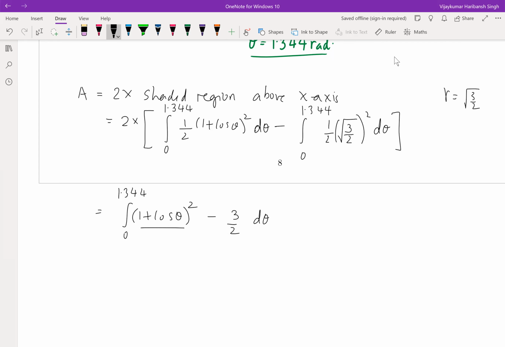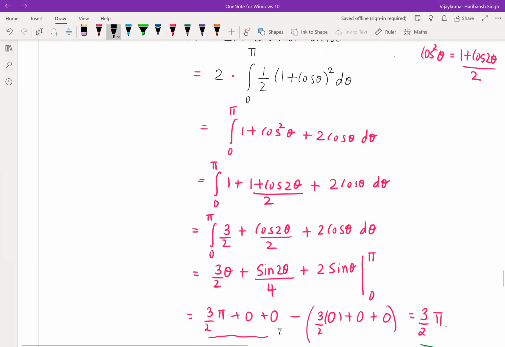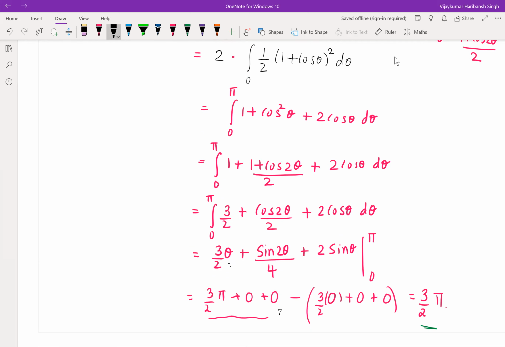So I'm going to use the same expansion I did last time. When we integrated this, we had 3 by 2 theta plus 2 sine theta plus 1 by 4 sine of 2 theta. Let's see, is it correct? We had 3 by 2 theta, sine 2 theta by 4, and 2 sine theta.